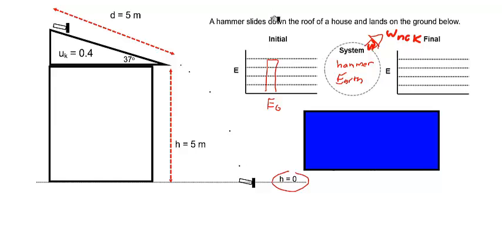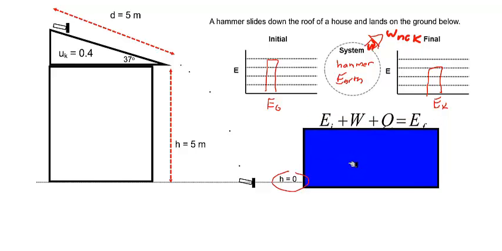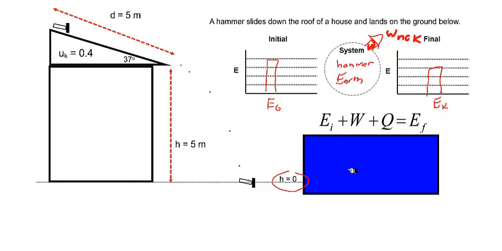And what's happening once it finally reaches the ground? Well, there is no gravitational potential energy, and so all its energy must be stored as kinetic, or energy of motion.